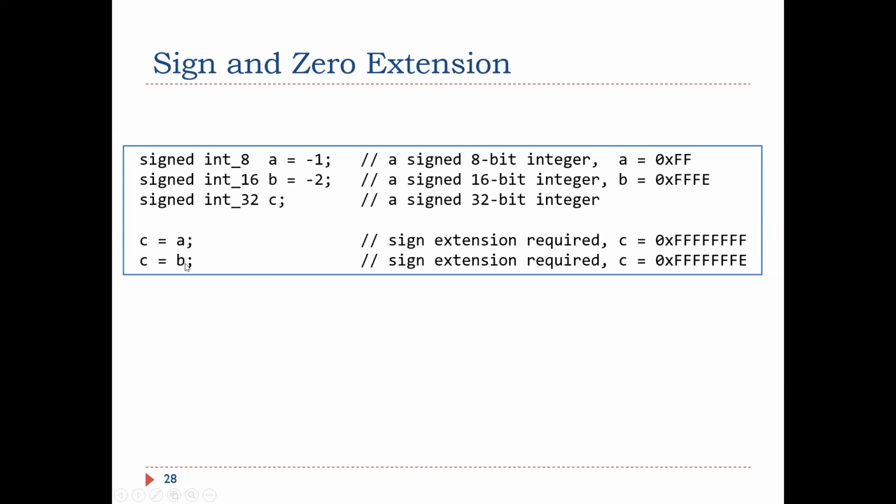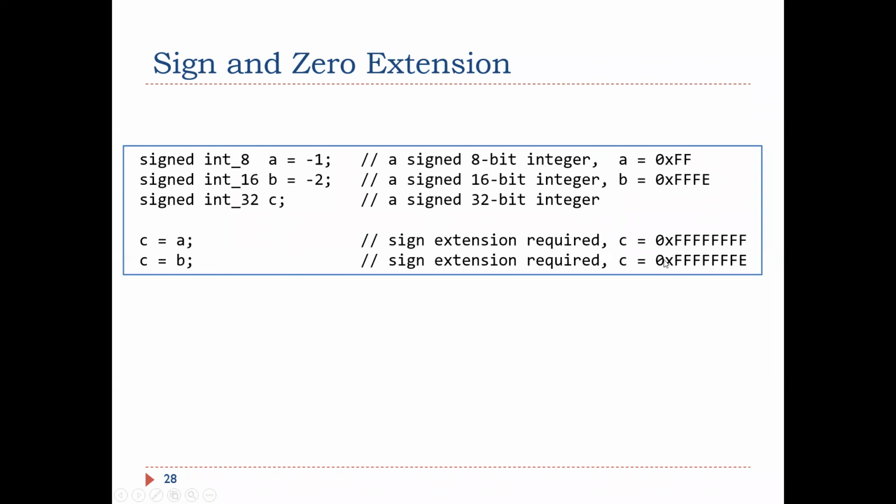If you don't do the sign extension, the lower 16 bits will be FFFE, but the higher 16 bits will be all 0. So once again, suddenly a negative number becomes a very big positive number. That's why we also need to do the sign extension here. If we do the sign extension, then -2 in 16-bit will remain -2 in 32-bit.